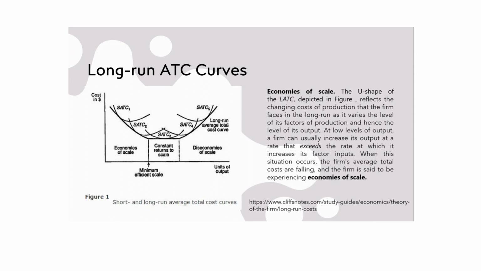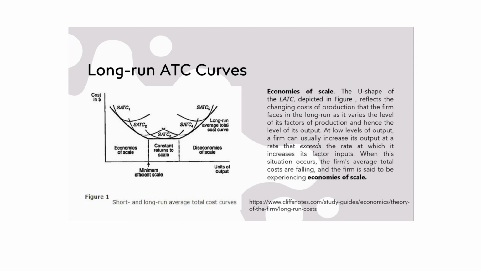Graphically, the returns to scale can be illustrated. First of all, SATC, what are they? They stand for short run average total cost. A long run curve consists of a series of short run ATC curves.